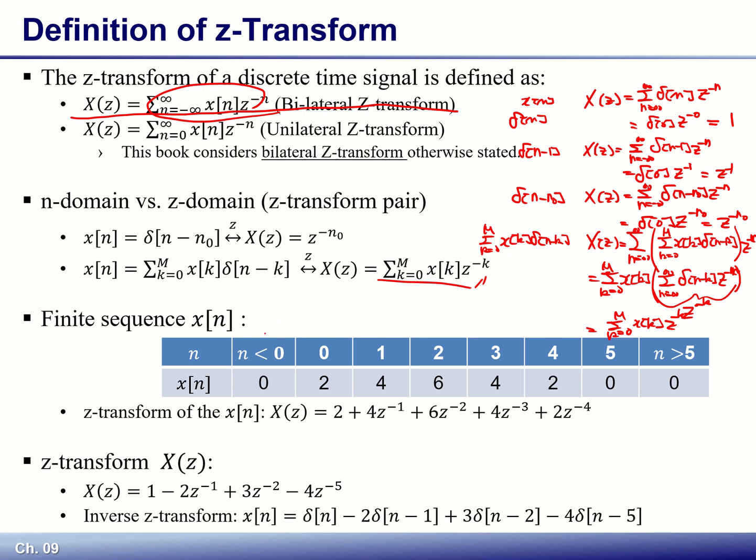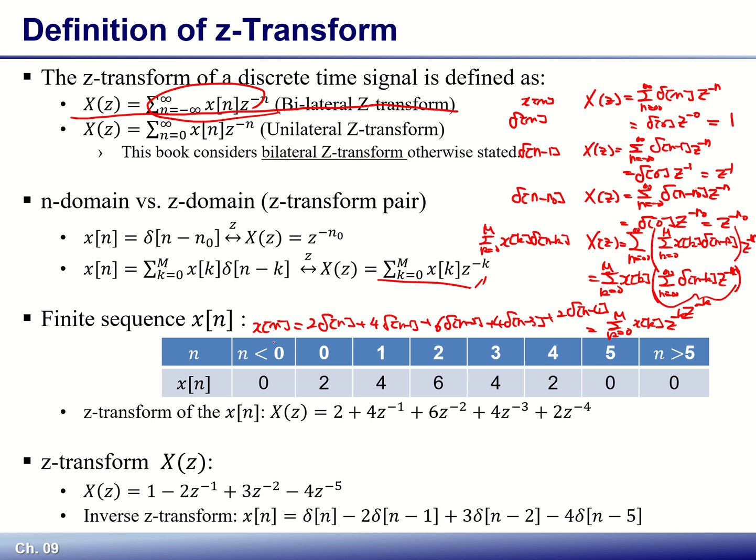The signal x[n] is 2 delta[n] plus 4 delta[n minus 1] plus 6 delta[n minus 2] plus 4 delta[n minus 3] plus 2 delta[n minus 4].